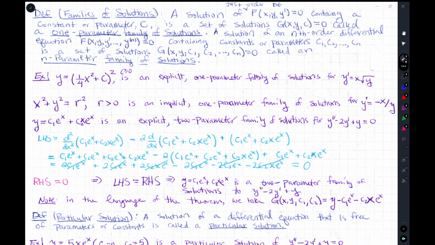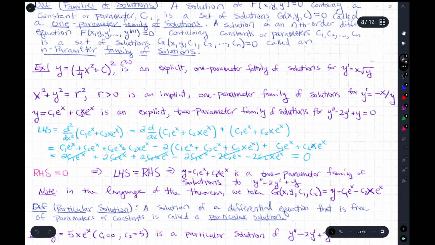It means that you fix the parameters, you fix the constants, okay? That's called a particular solution. So if we set c equals 0 in this solution here, that would be a particular solution, right? That would give us 1/16 x to the fourth. And so that would be considered a particular solution.